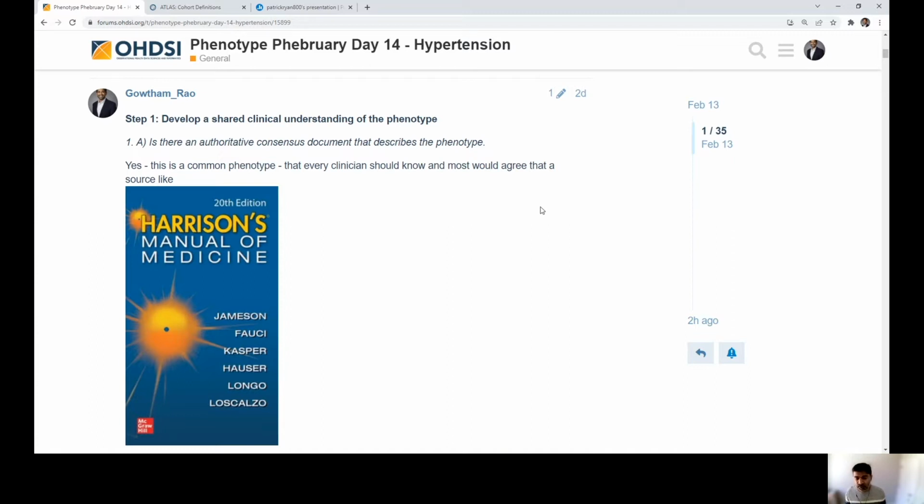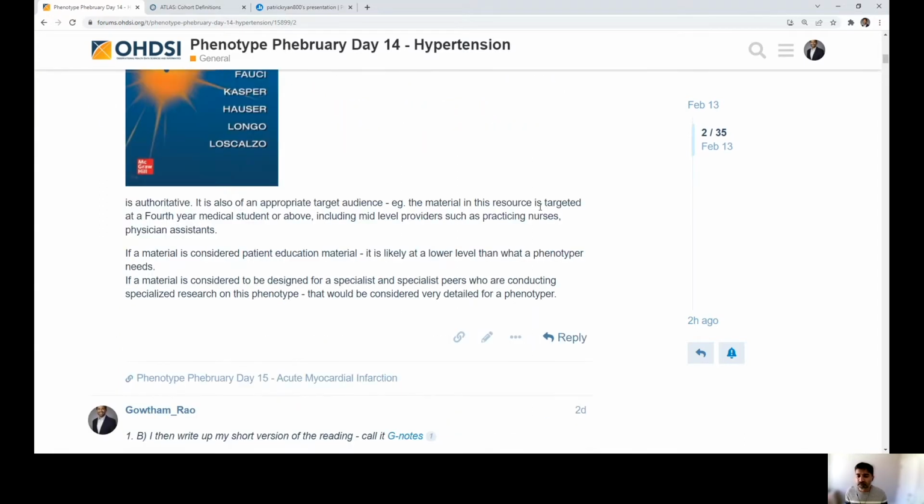One good source is a textbook of medicine, say Harrison's Manual of Medicine. To start this work, I first found the chapter on hypertension and read about it. The material that we want for the initial review, we expect it to be at a certain level.